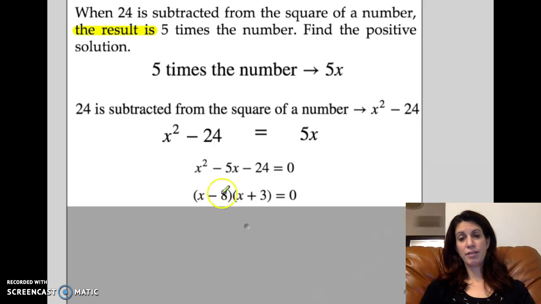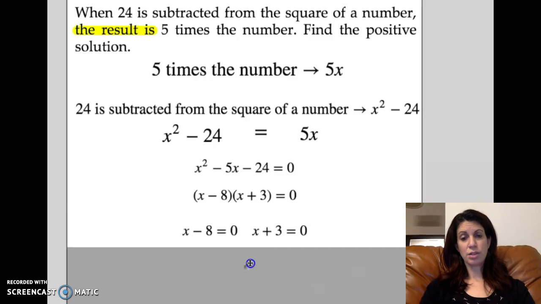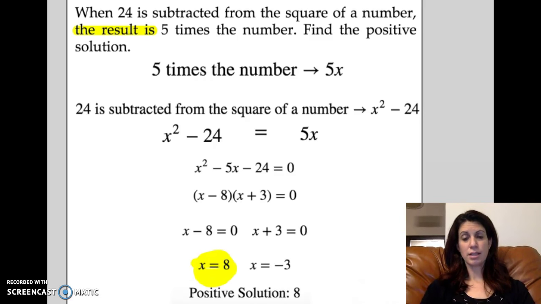So it's going to be negative 8, positive 3, because they add to negative 5 and multiply to negative 24. These are the factors, so the roots are, if you set each equal to 0, you add 8 and subtract 3. These are the two roots. But the question is asking for the positive solution. So the positive solution is 8. Okay, so that would be the answer.